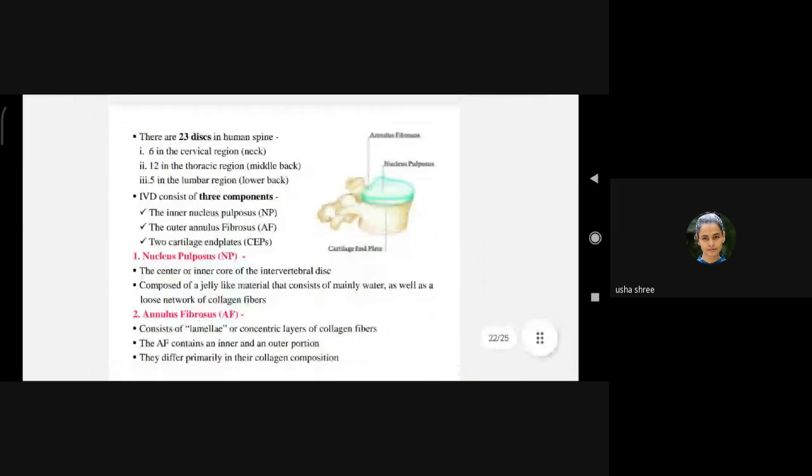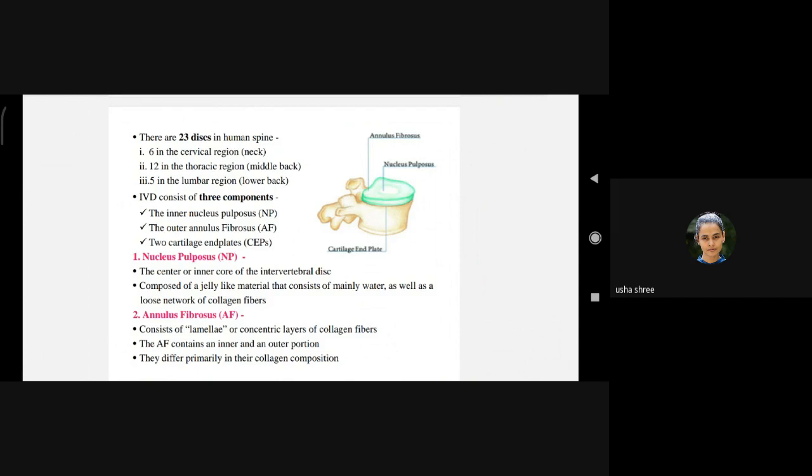Okay. Now, there are 23 discs in the human spine. 6 in the cervical region, obviously, because before C1 there would be no disc, 12 in the thoracic region, and 5 in the lumbar region.